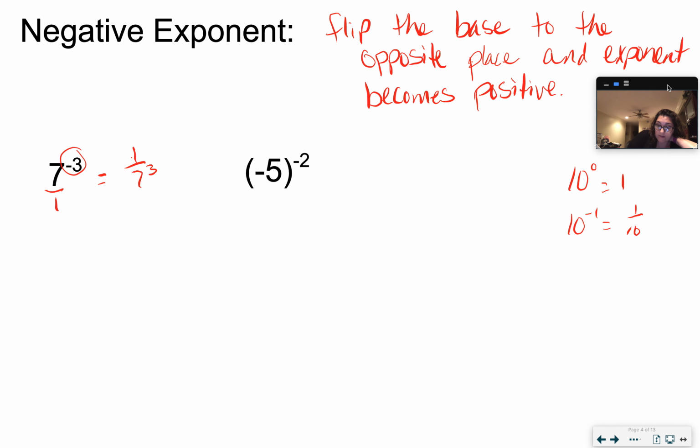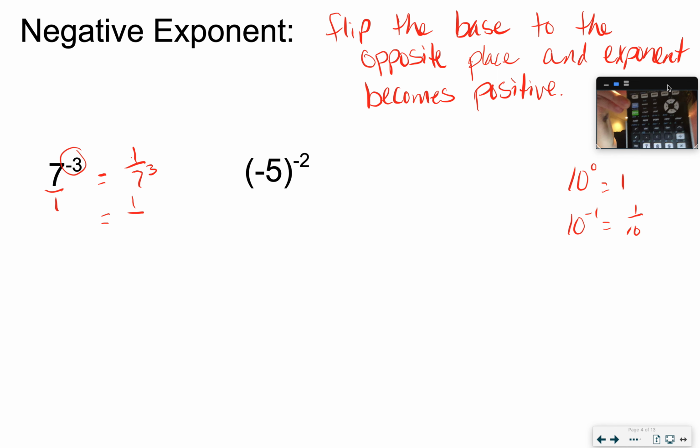All right, so now I can simplify this, and so 1 over 7, well, I don't know what 7 to the third power is. I'm using my calculator. 7, and on your calculator you have this button. Looks like this little rooftop button right here. It's above the division key.